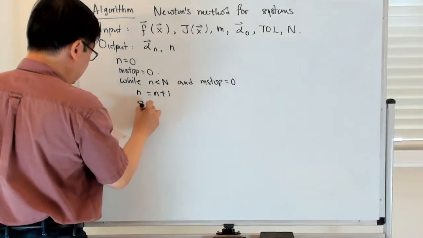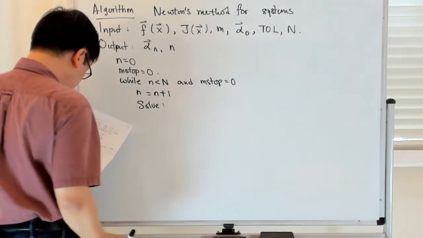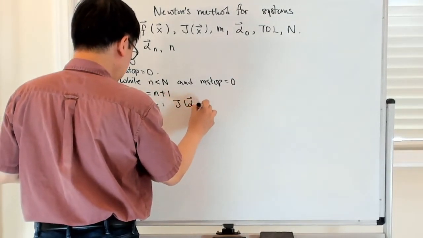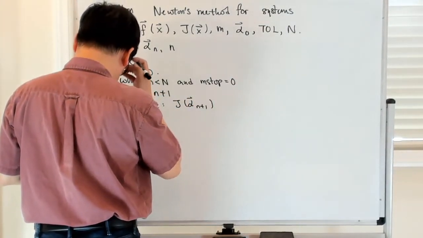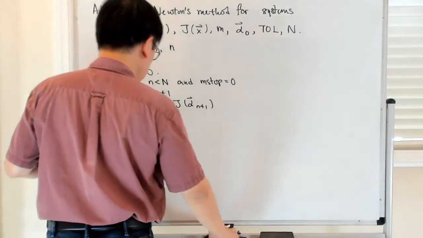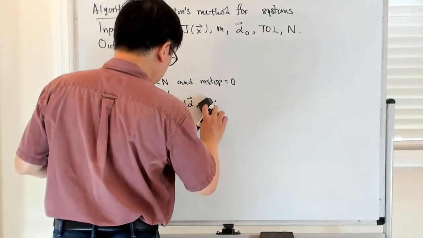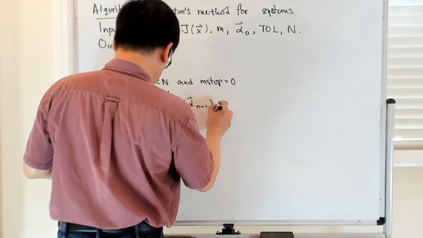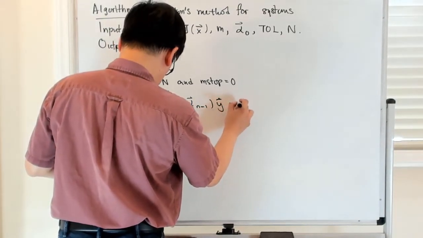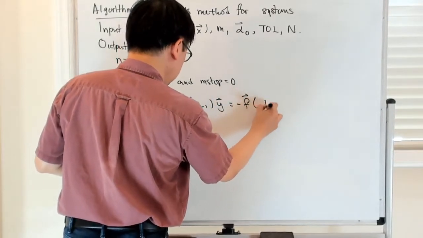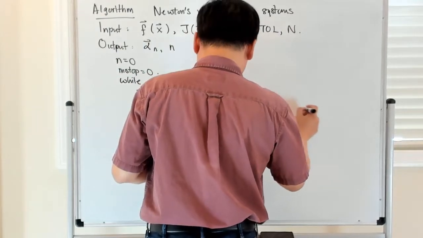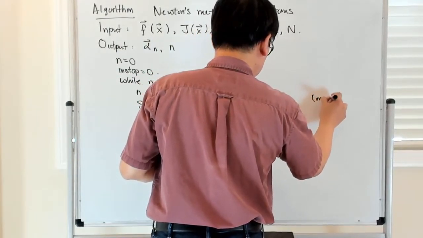And I have to solve some linear system involving the Jacobian. All right, so this is an m by m linear system.